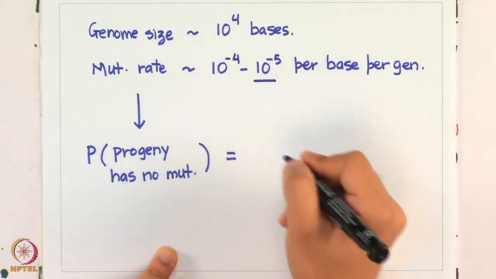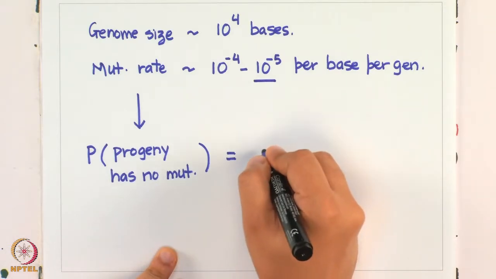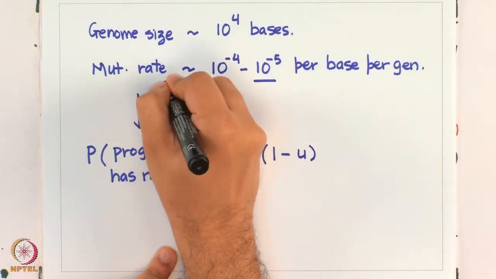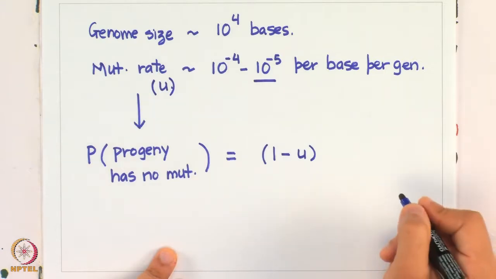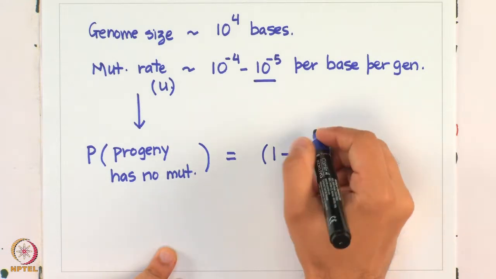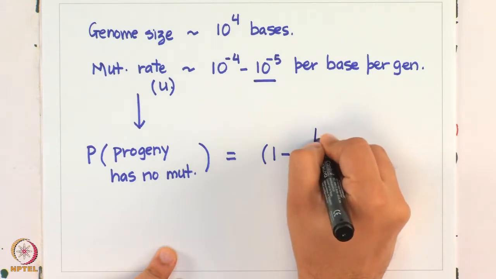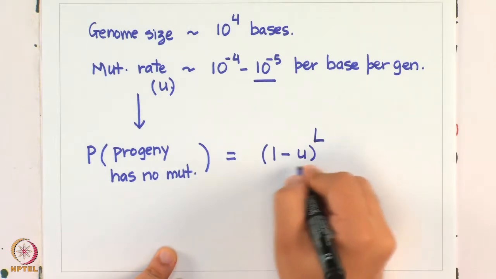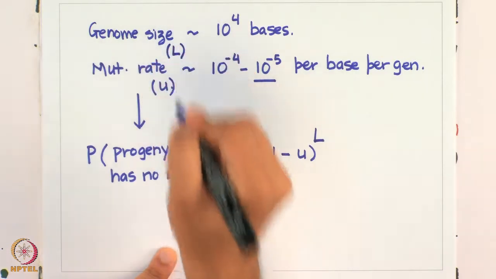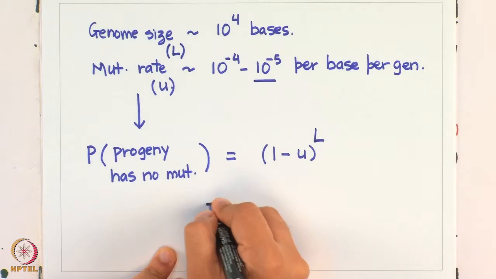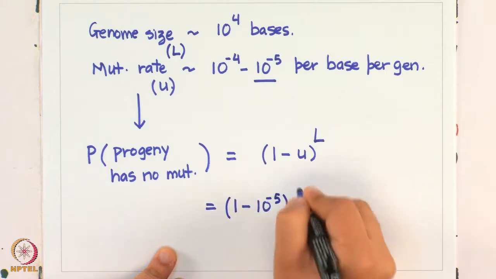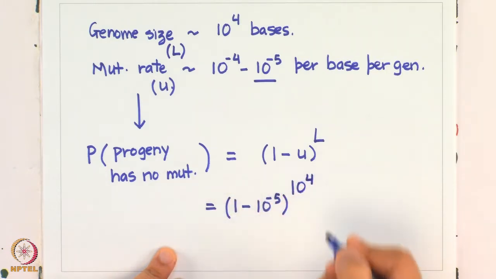The actual value is somewhere between the two, but the probability that one base is correctly copied is 1 minus u, where u is the mutation rate associated with replication. The probability that the entire genome is copied correctly and the progeny has no mutation will be 1 minus u to the power L, which ensures that every one of these bases is copied correctly, where L is the genome size. So, we are looking at a value of 1 minus 10 to the power minus 5, raised to the power 10 to the power 4.